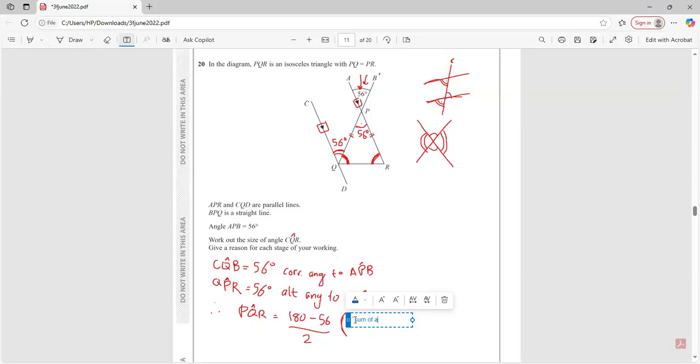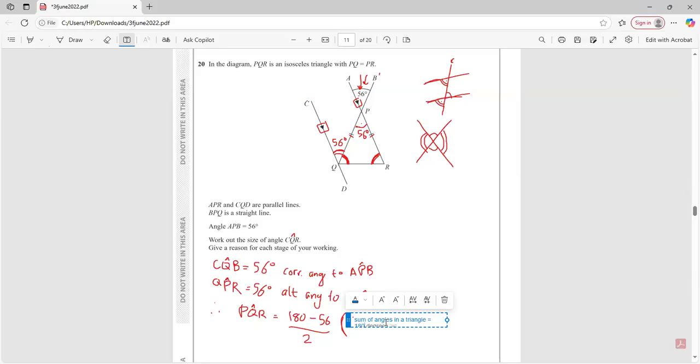So the number one reason: sum of angles in a triangle equals 180.